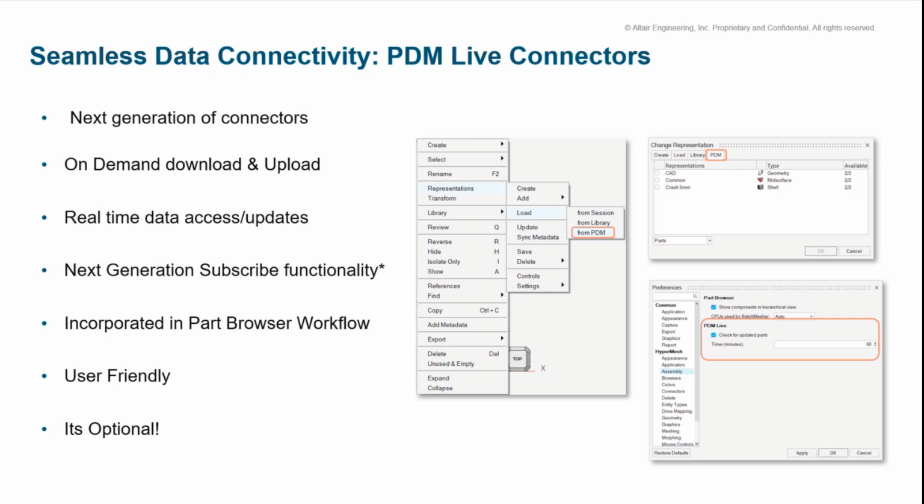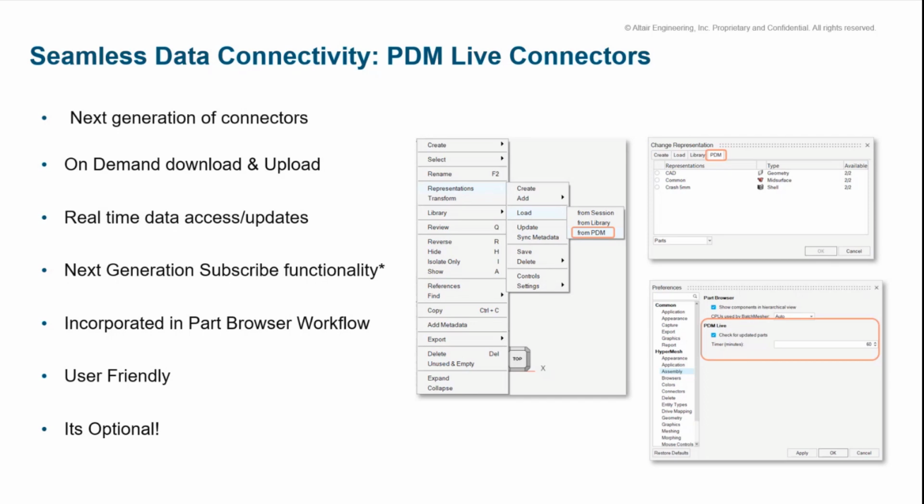Many users will think that if they have to use a part browser, they have to use it with the PDM live connectors. That is not the case. Many organizations also have the PDM system and are exposed to the PDM live connectors, but it's a user choice or the organization's choice.